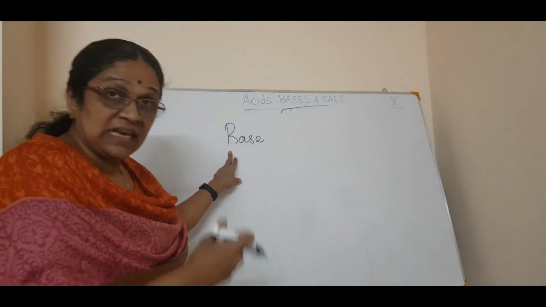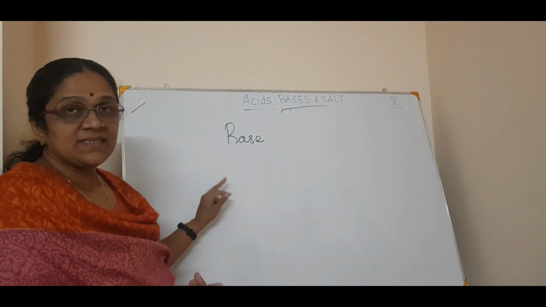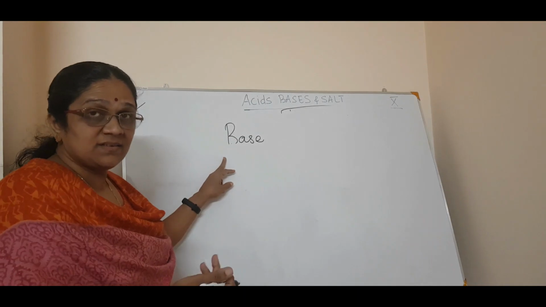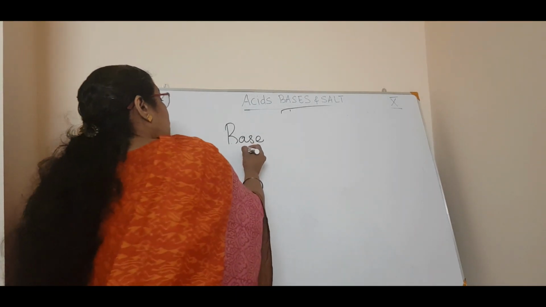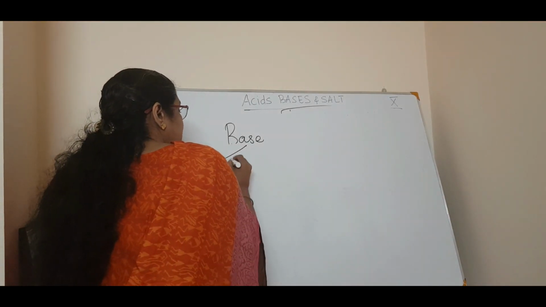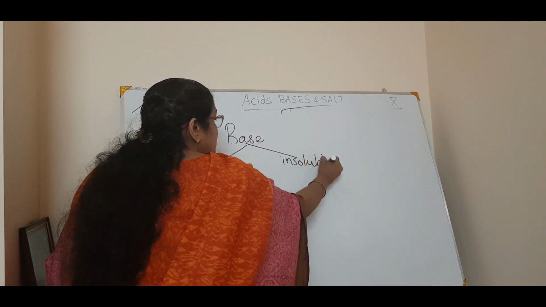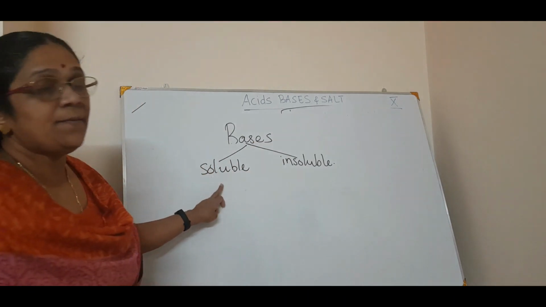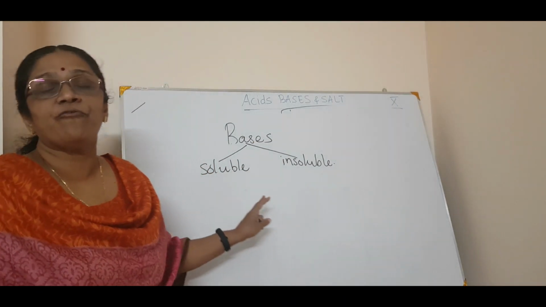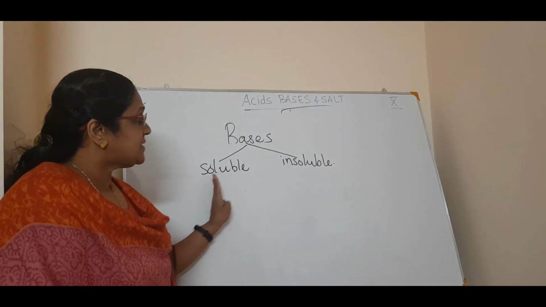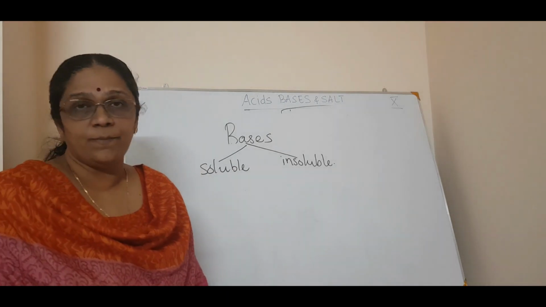Bases have many types, like simple base, complex, etc. But one other classification is that you can classify bases as soluble bases as well as insoluble bases. See, a simple classification of bases is soluble bases and insoluble bases.